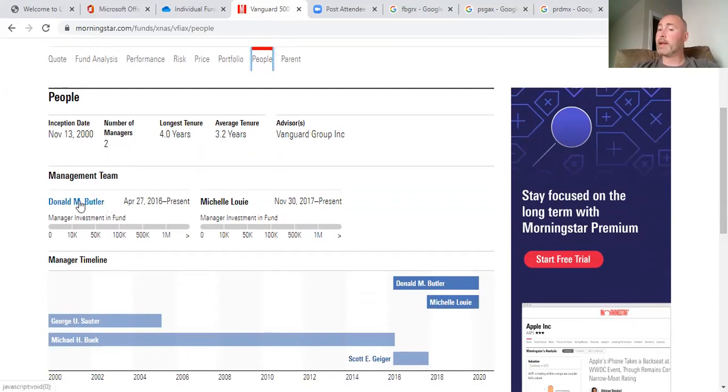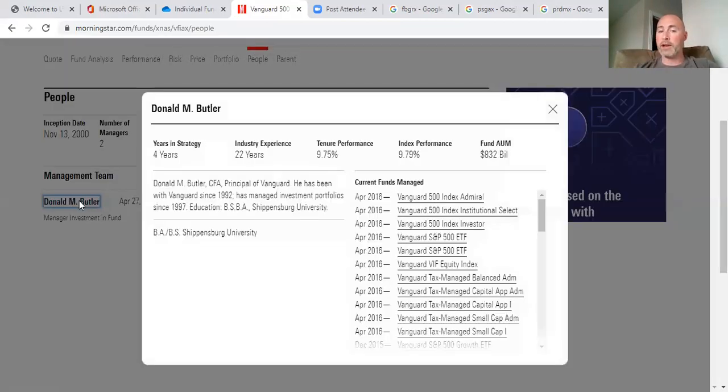So what I'm going to do is click on Donald Butler's name, and I'll get a little bio of Donald Butler. Here we go. This is what we need to know when we're talking about portfolio manager. When I said yesterday, get a little bit more information. Donald Butler has been 4 years on this fund, but he's been in this industry for over 2 decades, 22 years in the business.